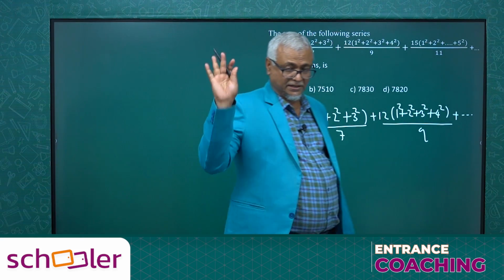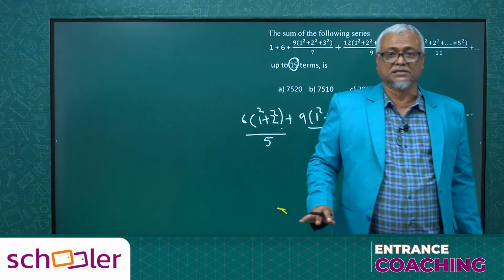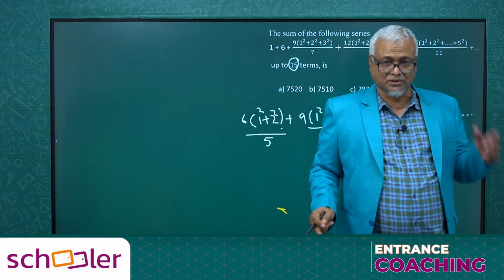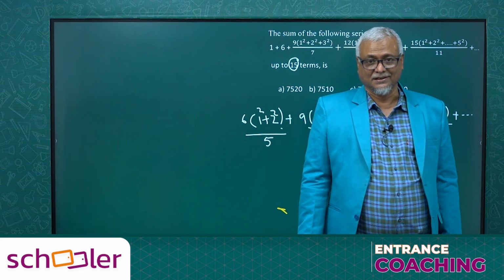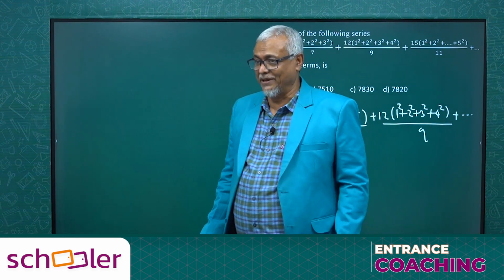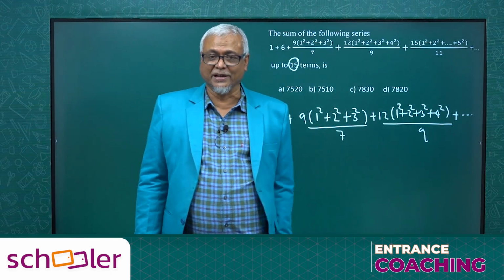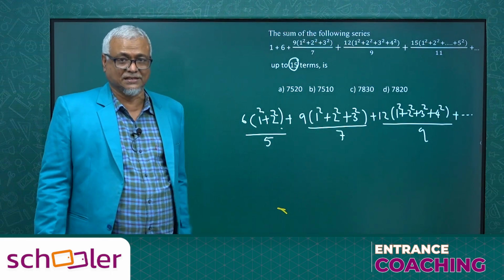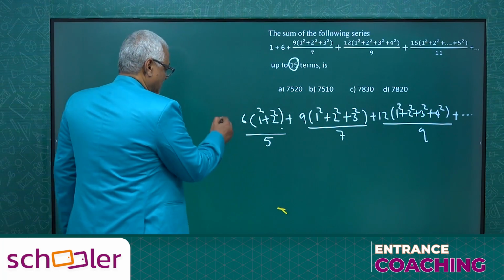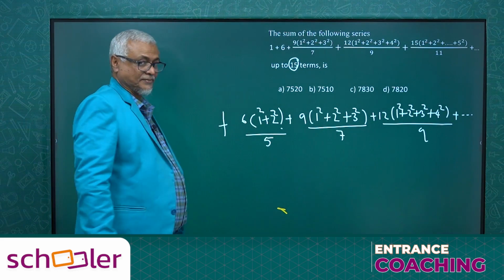In the numerator we need inside the bracket 1 square plus 2 square, and in the denominator we need 5. So you will be happy to see that in the numerator and denominator we write 5, so they will cancel and we get 6 itself. No harm, no problem at all.